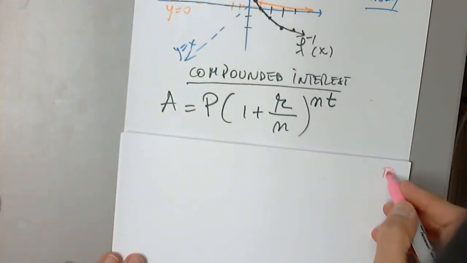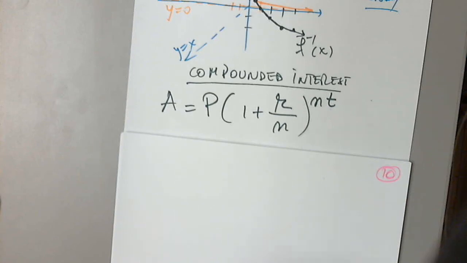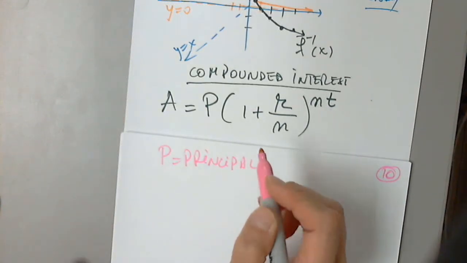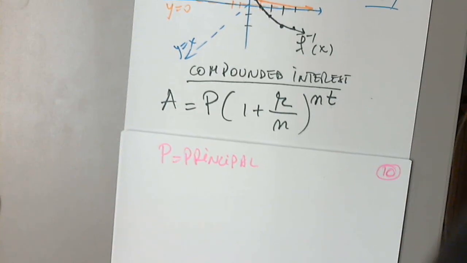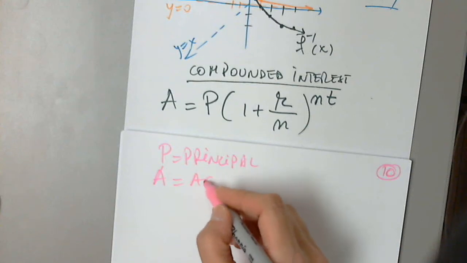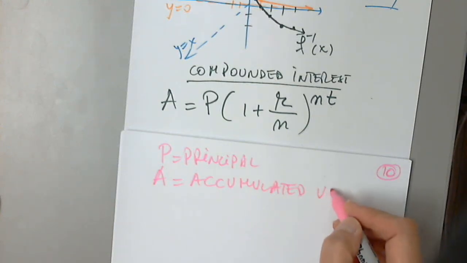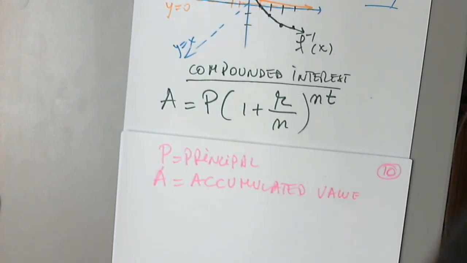Let's assume we deposit money. Then P is the principal. If we borrow money, P is still the principal. A is the accumulated value. What does it mean?